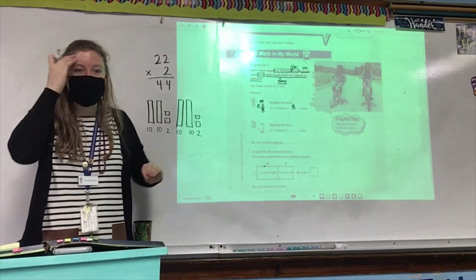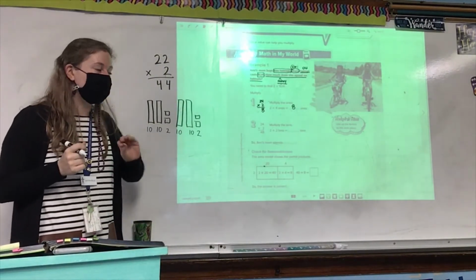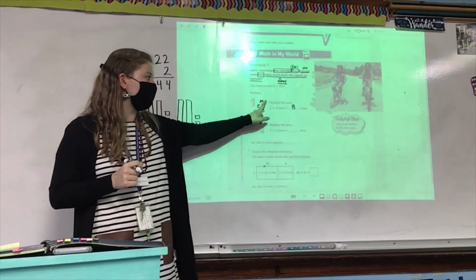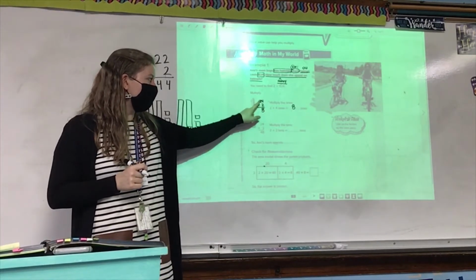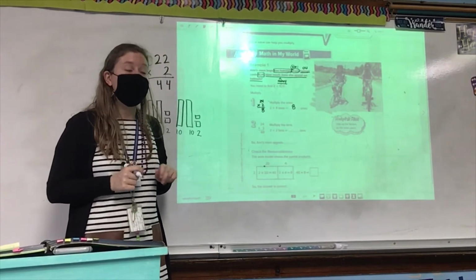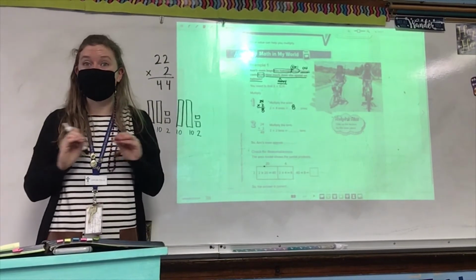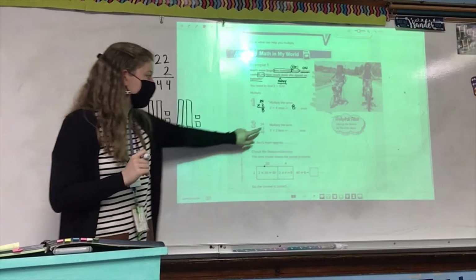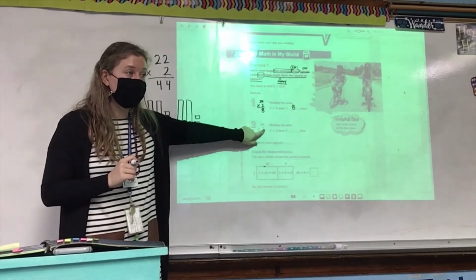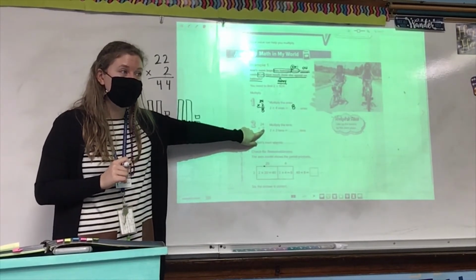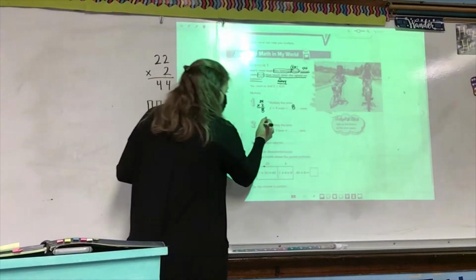Now, here's where it's different from addition. If it was addition, we would do 4 plus 2, and then 2 plus nothing. But this is where multiplication is different from addition. Even though this 2 in the bottom factor is in the ones place, when we get to step 2, multiply the tens.